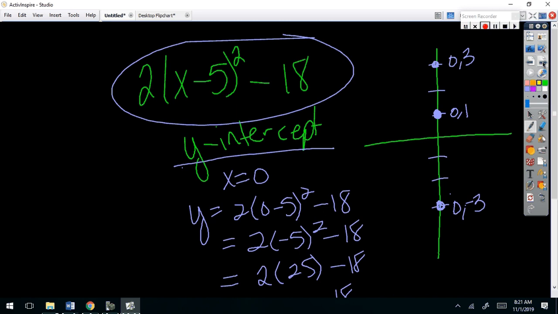This is a little activity I was going to have you do and turn in for a grade, but we're going to do it together. I want you to graph two things.